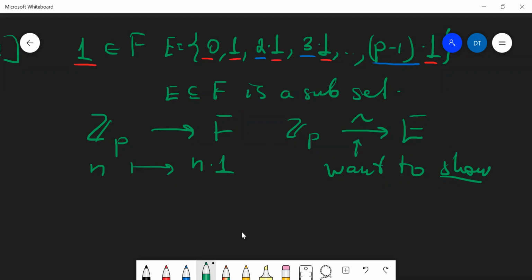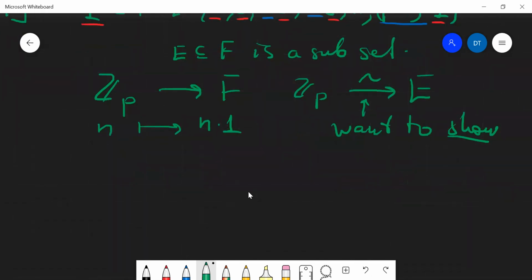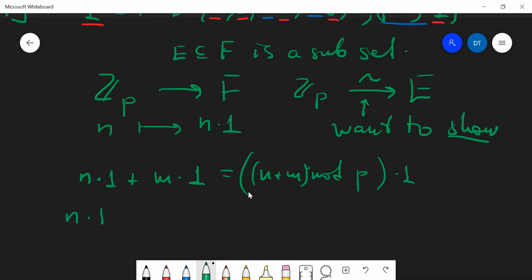In order to prove that, we need to show that n times 1 plus m times 1 is equal to (n plus m modulo p) times 1, and n times 1 times m times 1 equals (n times m modulo p) times 1.